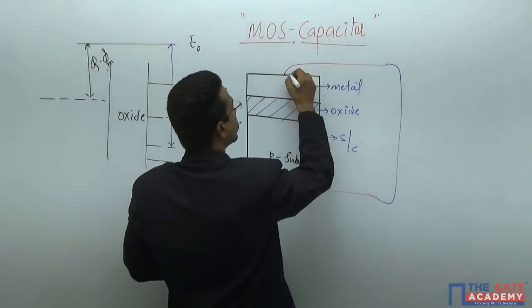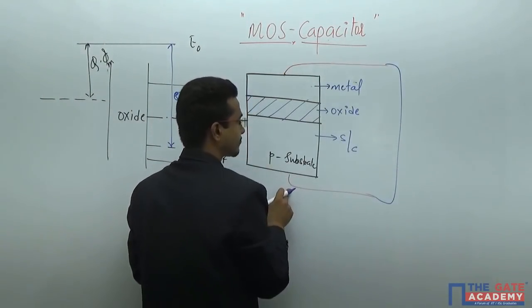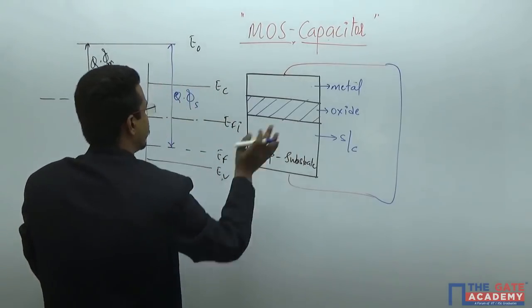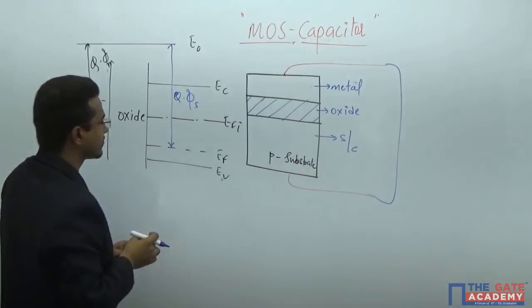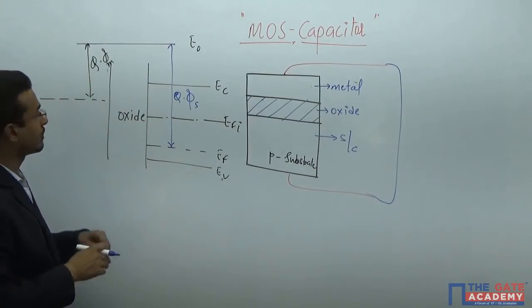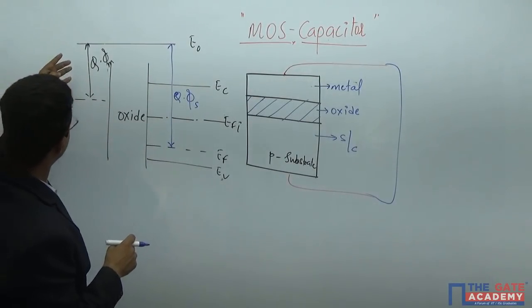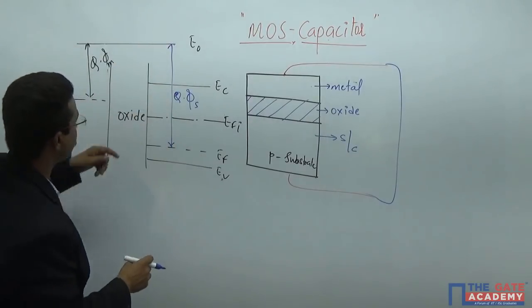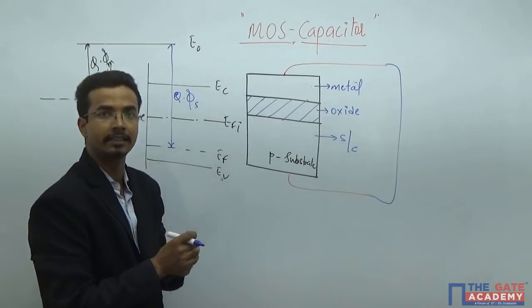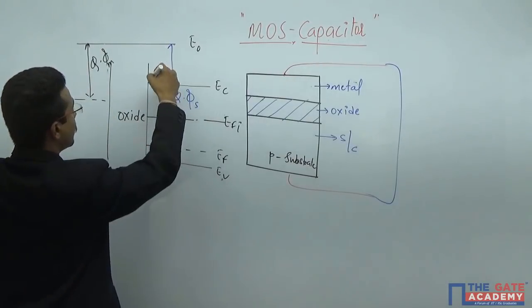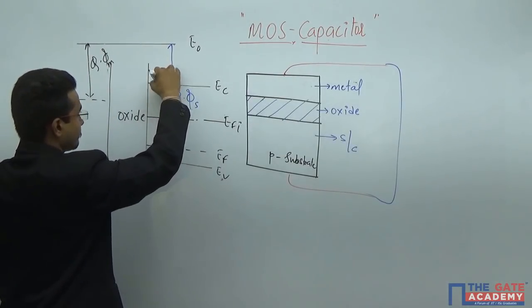The charge will flow through this short circuit path and accumulate towards this side. As you increase the number of charge carriers at this side, the bands will go upward.